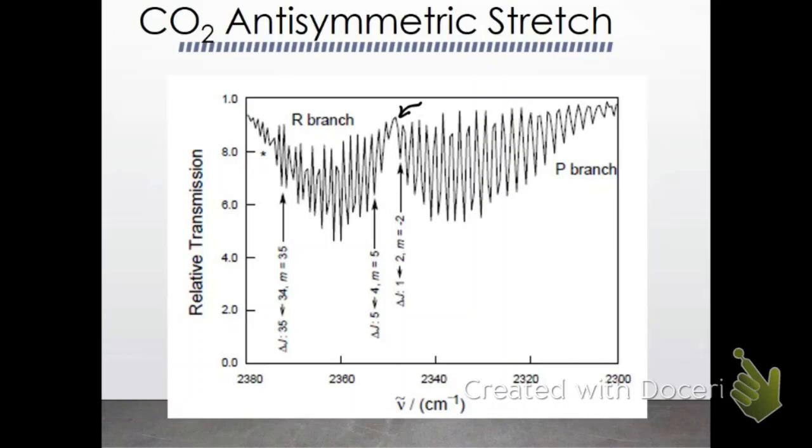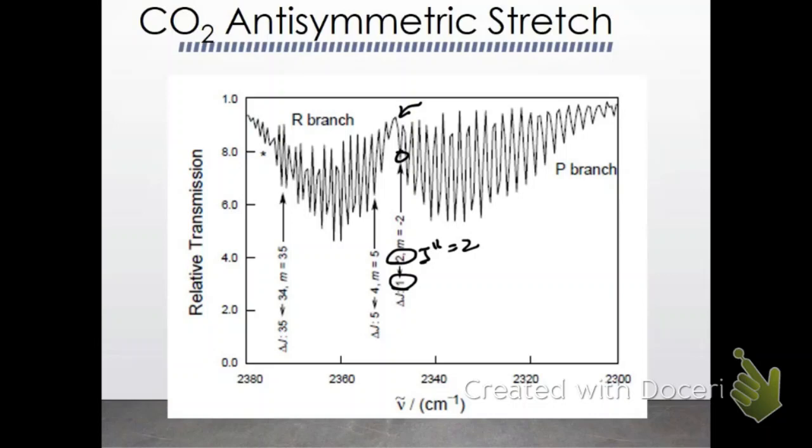For the P branch, what we're going to note is that because J double prime equals 1 cannot exist, the first one is a 2-to-1 transition. So J double prime equals 2 is that first peak on that side. It's not J double prime equal to 1, which is what it is for carbon monoxide.